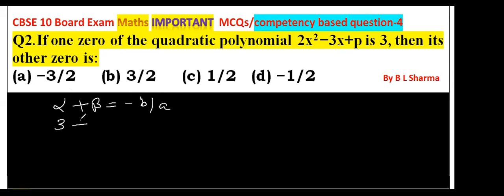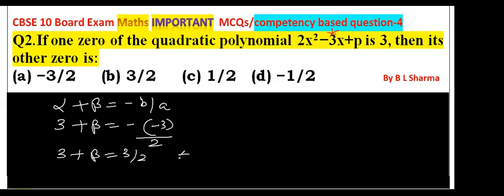One zero is 3, the other zero is beta. Here you will see that b is minus 3, and the value of a is 2. So 3 plus beta is equal to 3 by 2.